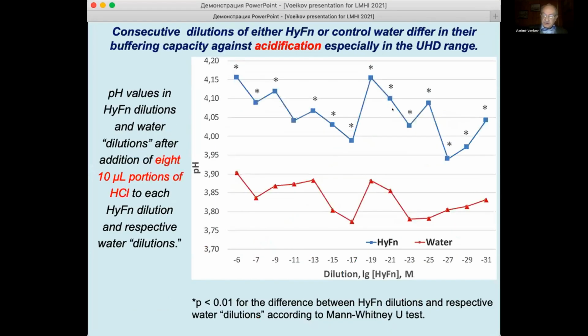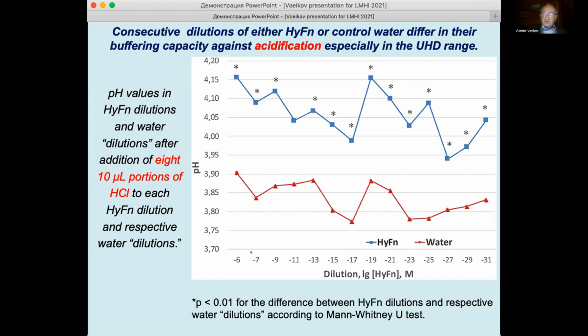Another interesting phenomenon found by us is that when you take some already acidified, especially ultra-high range dilutions of hydrated fullerenes, then consecutive dilutions of either hydrated fullerenes or control water differ in their buffering capacity against acidification, especially in the ultra-high dilution range.